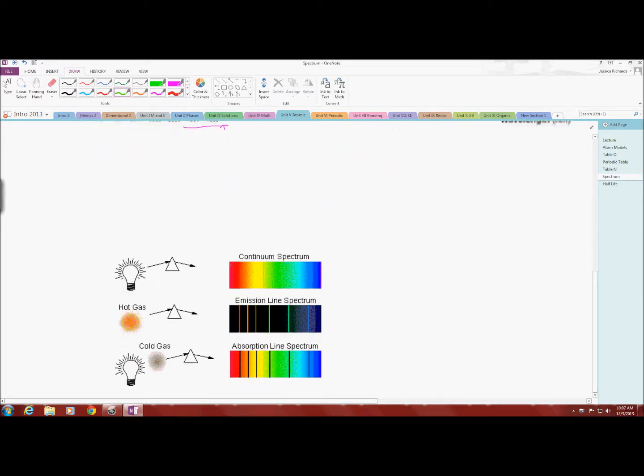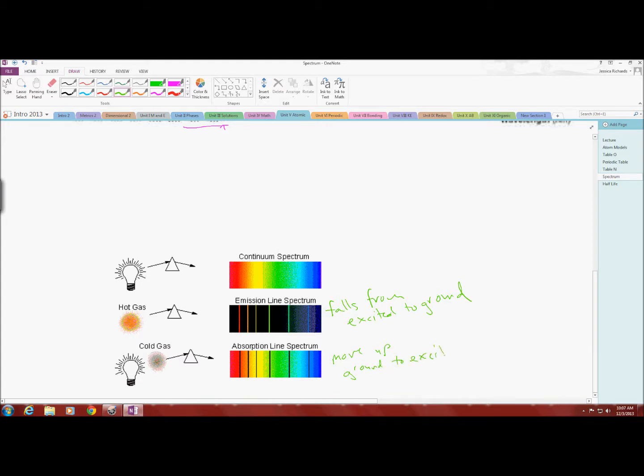And this is just reminding you that this is what the electromagnetic spectrum looks like. So our Roy G. Biv, red, orange, yellow, green, blue, indigo, violet. And emission spectrums, you would see the light. This is when it falls from excited to ground. And we see light. This is when they move up from ground to excited.